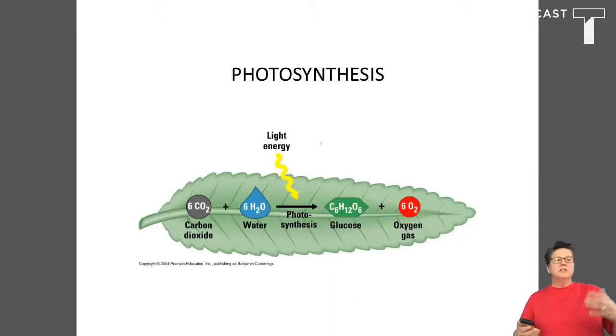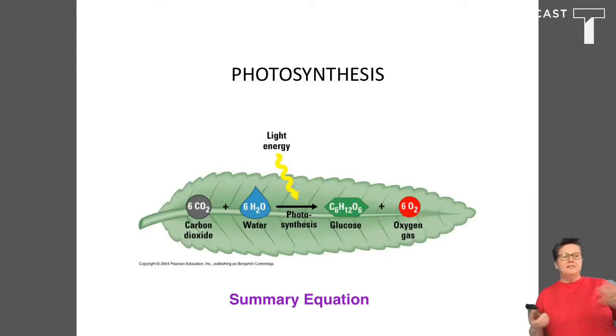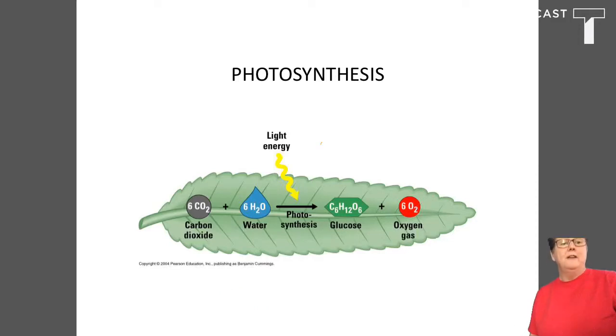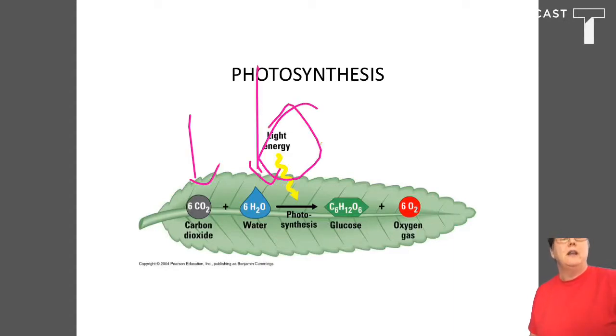So this equation summarizes the overall reactions that are involved in photosynthesis. And you may have seen this equation before. And one of the things to realize is that this is really a summary equation that summarizes dozens of biochemical reactions that occur across chloroplast membranes within cells, such as plant cells. So what we have here is we see carbon dioxide, which combines with water and using light energy to create glucose.